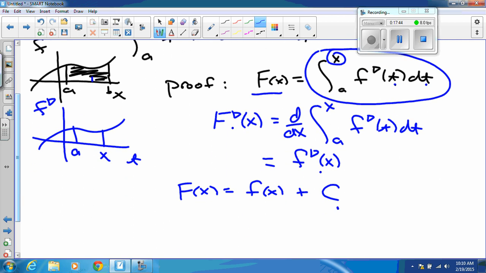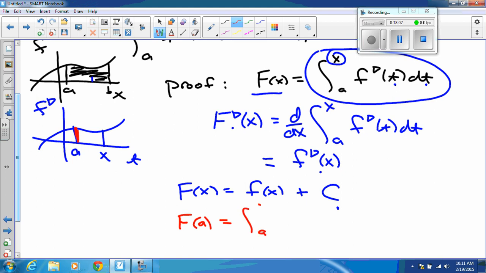But wait, there's more. Because I can find the value of c by plugging in some initial condition. I wonder, what initial condition could I possibly find here? Well, there's only one initial condition I know, and that is that if I integrate from a to a, I automatically get 0 for the area, right?